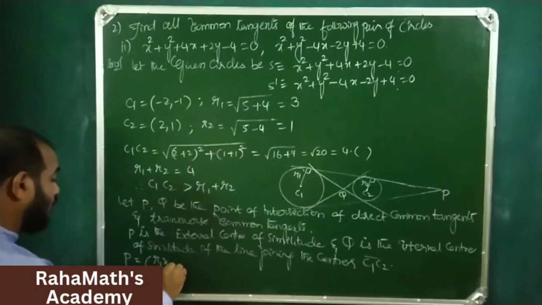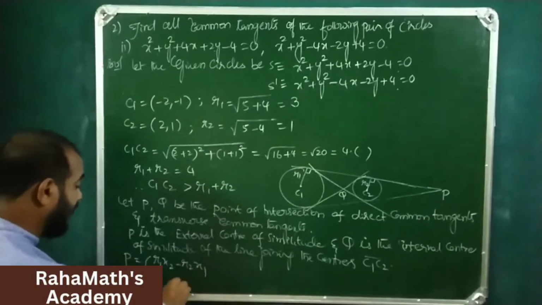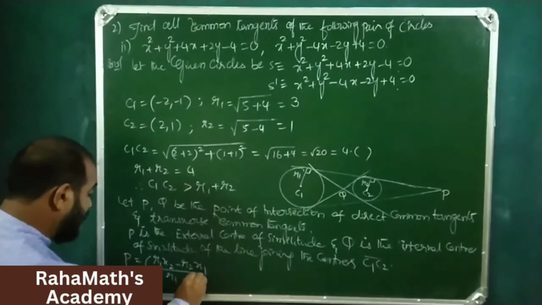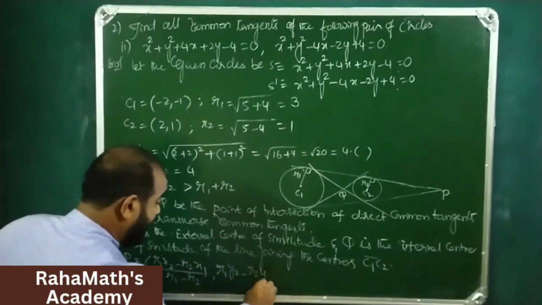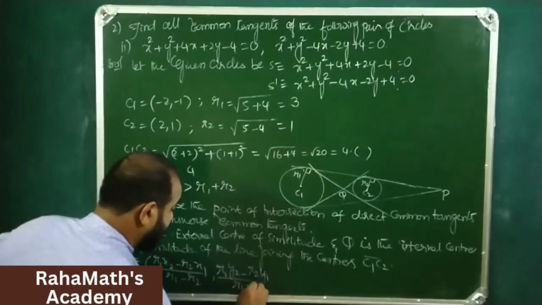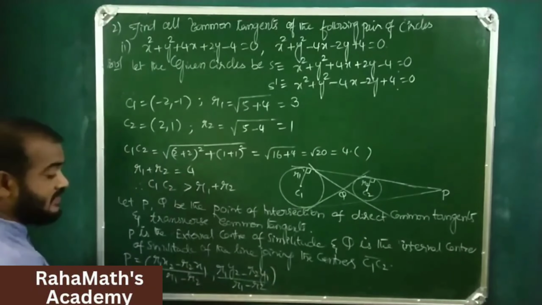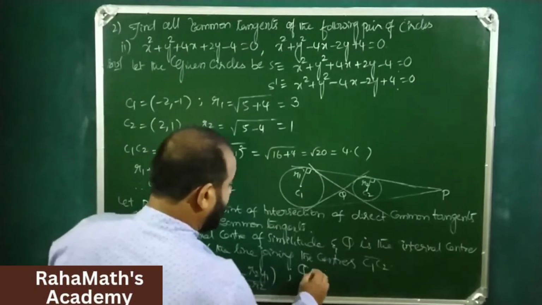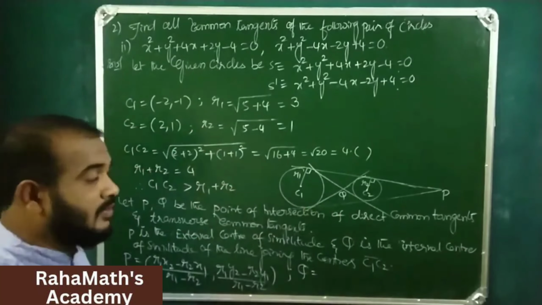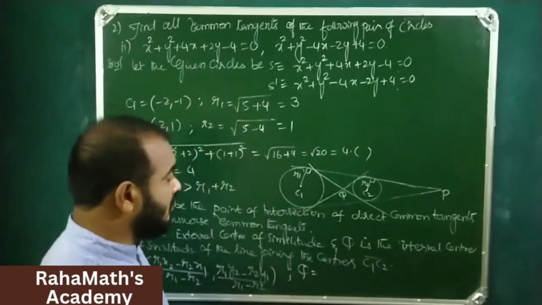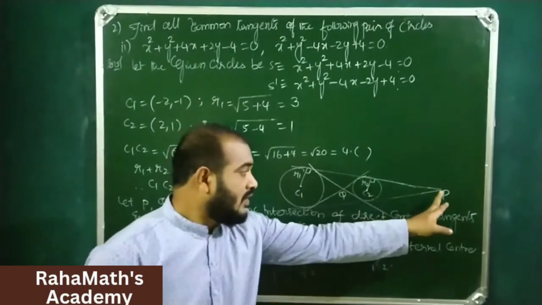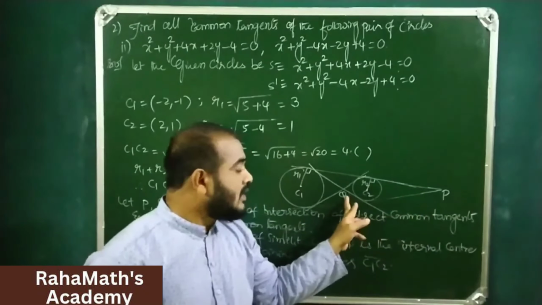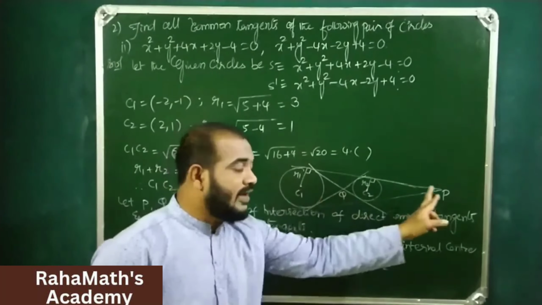R1 x2 minus R2 x1 by R1 minus R2, comma R1 y2 minus R2 y1 by R1 minus R2. Likewise Q, this being the internal center of similitude. Please bear in mind that the line joining the centers C1, C2, the external center of similitude and the internal center of similitude are all lying on the same line.